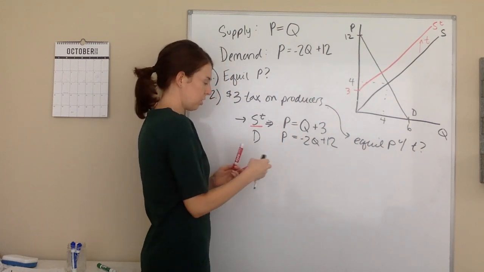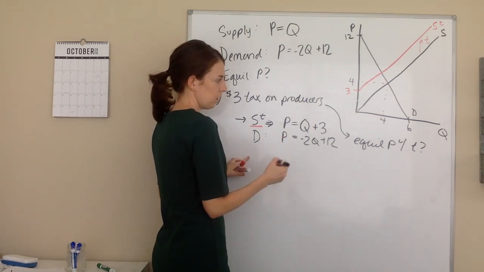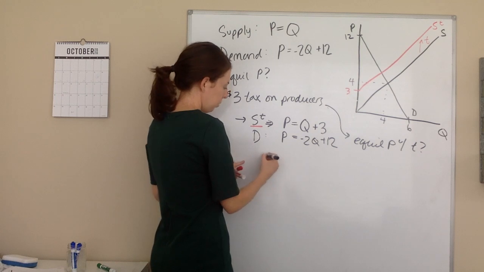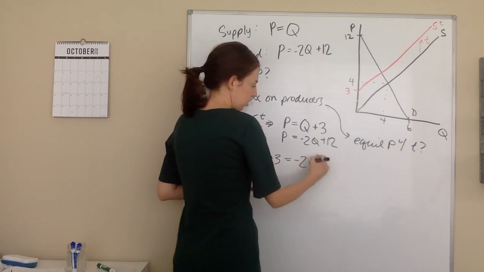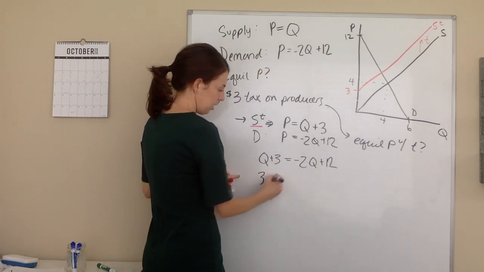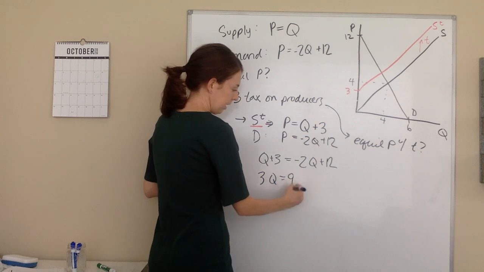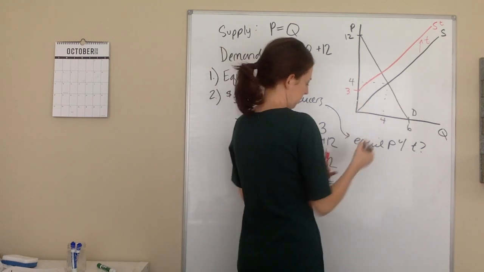We can set these two equations equal to each other and solve for equilibrium price with the tax. So we'll now have Q plus 3 equals negative 2Q plus 12. You move things over, you get 3Q equals 9, implying Q equals 3.